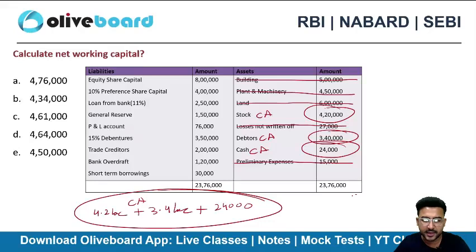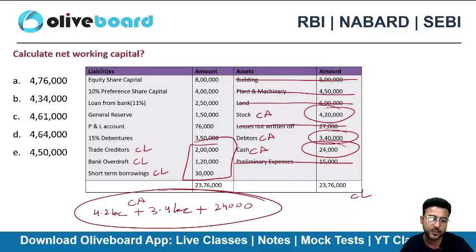What will be my current liability here? Short-term borrowings, current liability. Bank overdraft, current liability. Trade creditor, current liability. Why? Because I need to settle these obligations within 1 year. So these will be my current liabilities: 2 lakh plus 1,20,000 plus 30,000. Debentures, non-current liability.